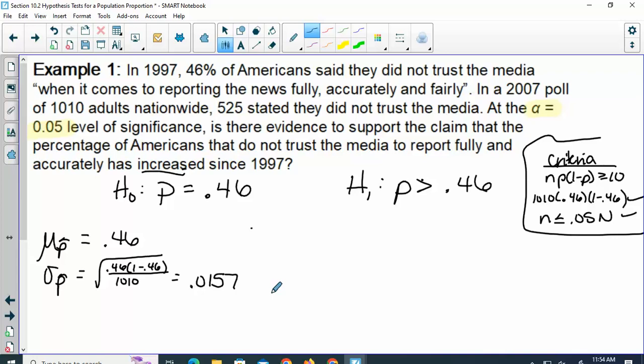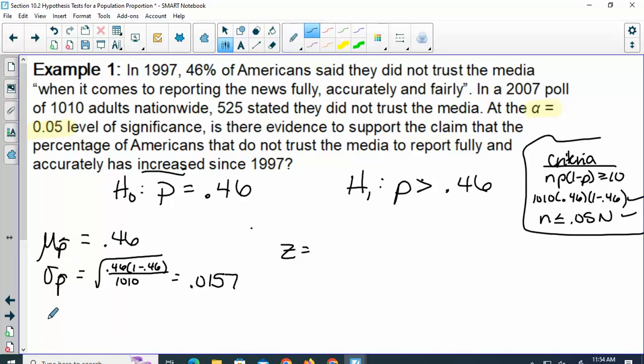So what do we do next? No matter which approach, we need our z-score. So z is our value. Do I even have my value written down? No, so I need that, don't I?